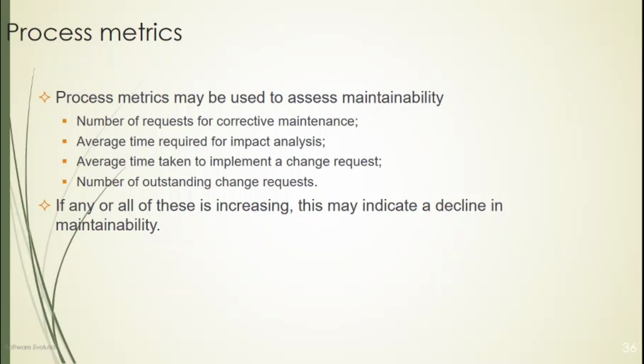If any or all of these are increasing, they may indicate a decline in maintainability. That is: the number of requests for corrective maintenance, the average time required for impact analysis, the average time taken to implement a change request, and the number of outstanding change requests. So these are the four process metrics used to assess maintainability.